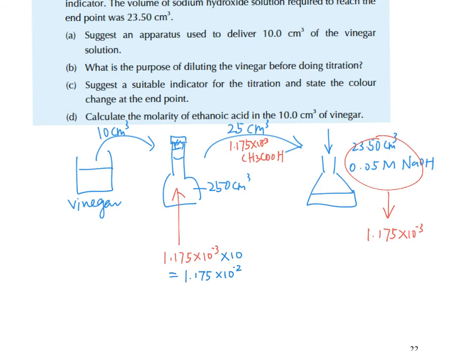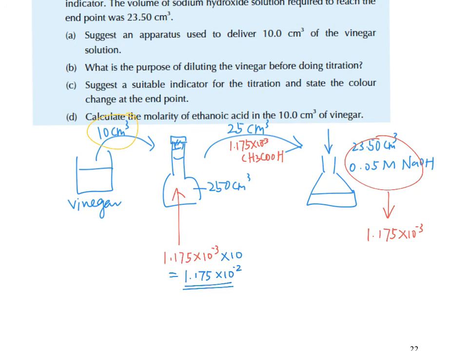Now, it is because from the volumetric flask to the conical flask, we only use 1/10 of the total amount of ethanoic acid. So in the original bulk solution, there should be 1.175 times 10 to the power minus 2 mole ethanoic acid. But this number of mole comes from 10 cm cube of vinegar.